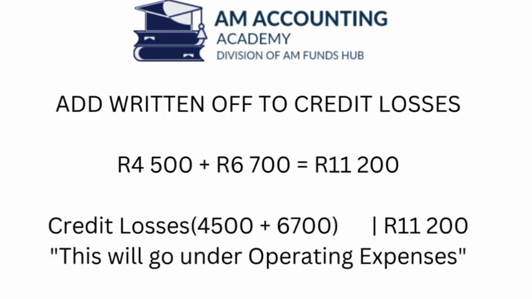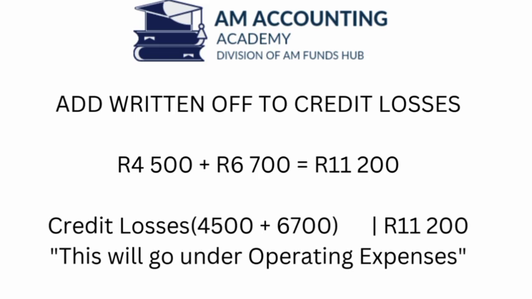From there, you need to add the written off amount to your credit losses. Now remember, the information told you that 4,500 was the amount from the trial balance for credit losses. Therefore, we will add the 6,700 which we need to write off and consider as credit losses to the 4,500 which was originally there. This will equal 11,200 Rand.